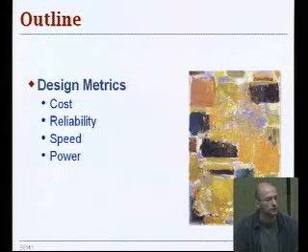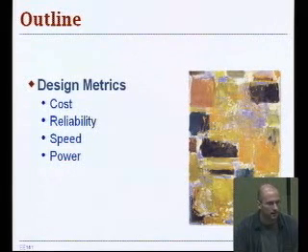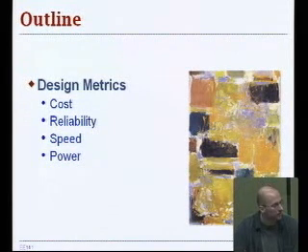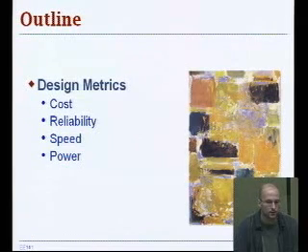Okay, so there are really 4 things that you need to remember today. These are really important design metrics, and I will introduce concepts of cost of an integrated circuit, reliability, noise margins, and the way we characterize integrated circuits in terms of performance and also power consumption.